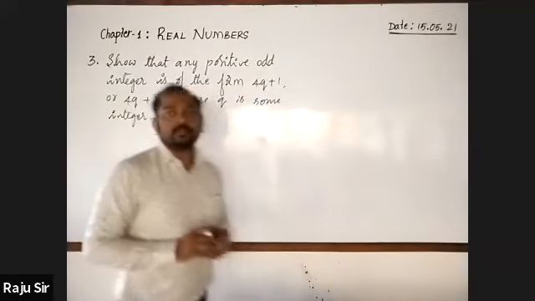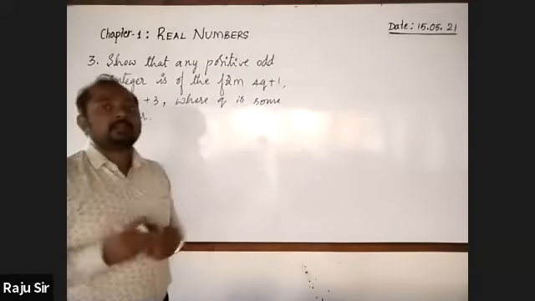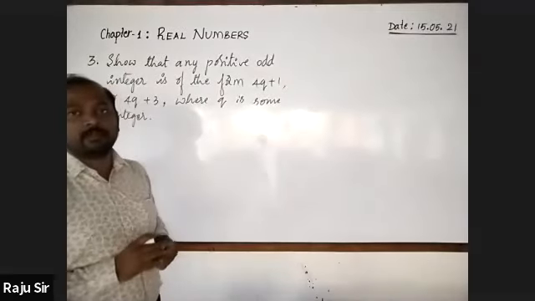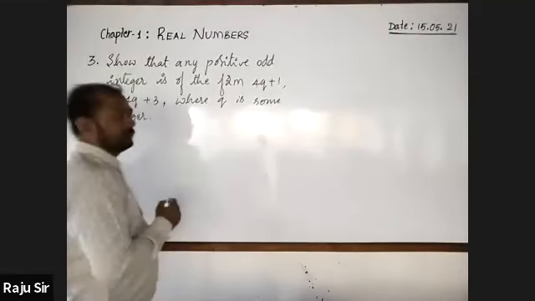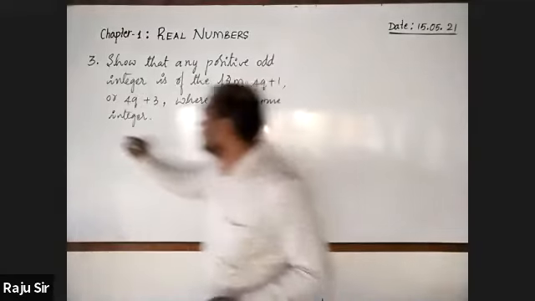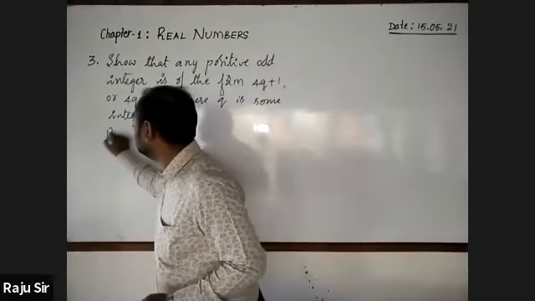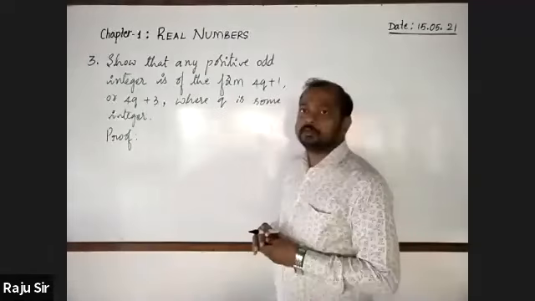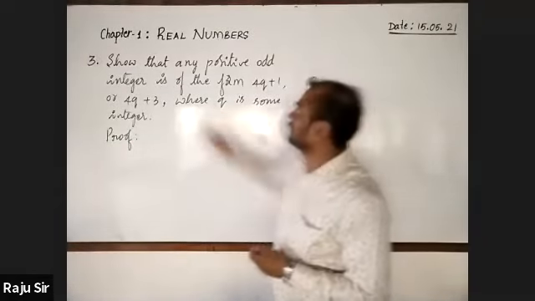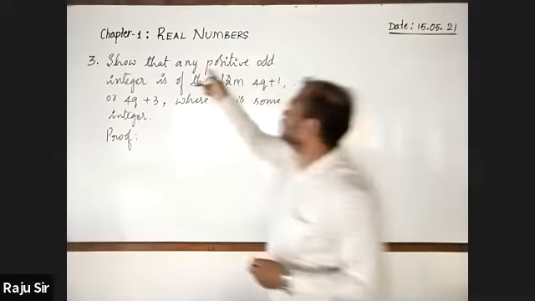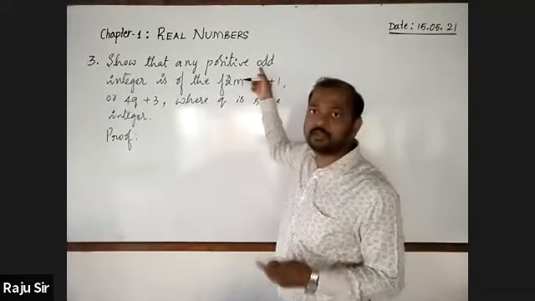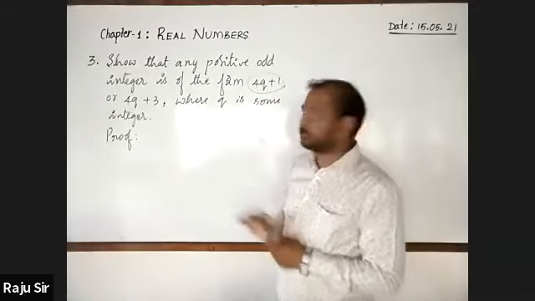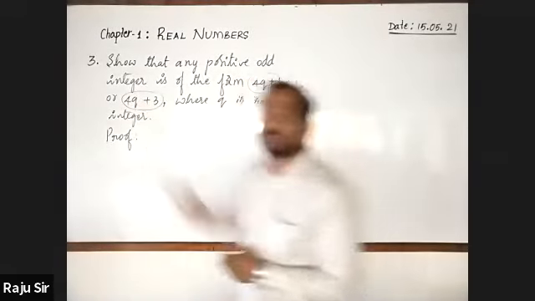Hope that most of you might have thought about it. Anyhow, once you go for proving this statement, go on writing with me. Yes, write the proof. Once you go through the given statement, we have to prove that a positive odd integer can be written in the form of 4q plus 1 and 4q plus 3.